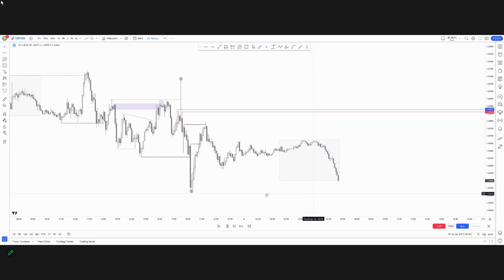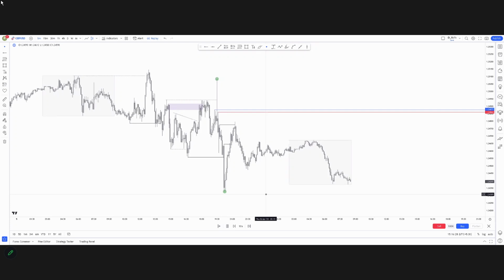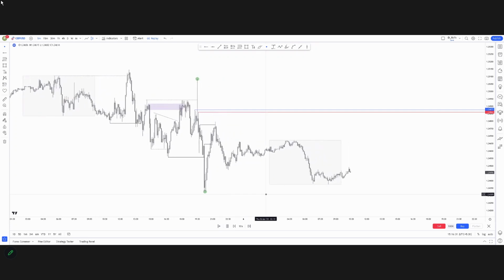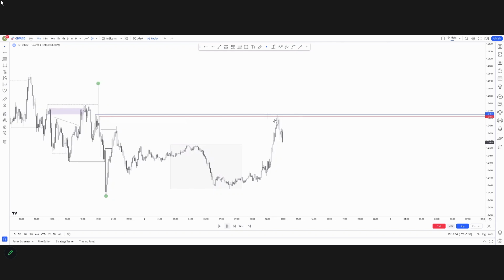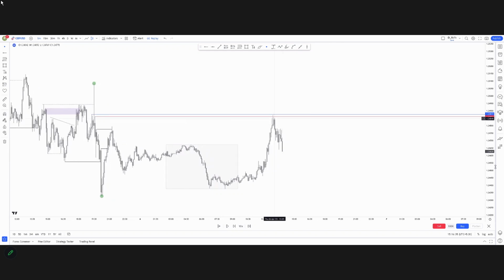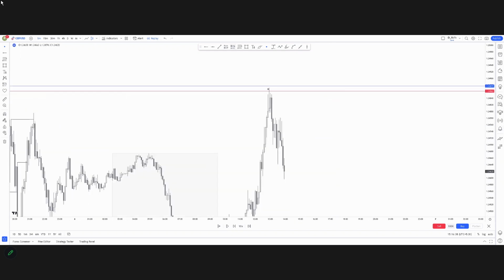I'll play this off. You see, until price takes all the trap, price won't go low. You see here? Once you enter the correct point of interest, price will quickly give you the rejection or reaction, whatever you might want to call.